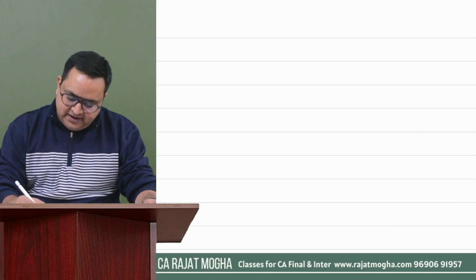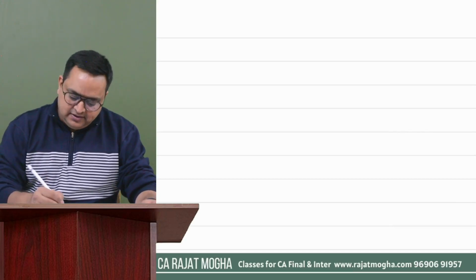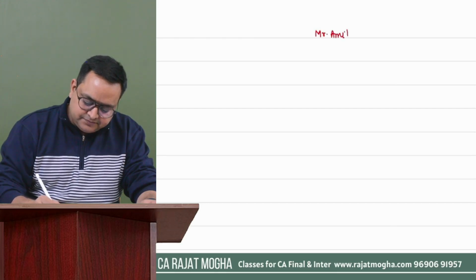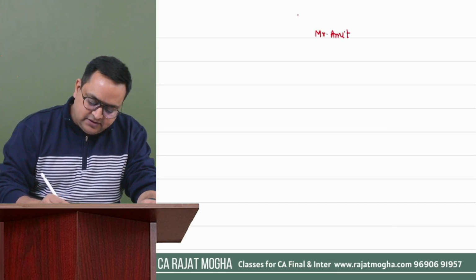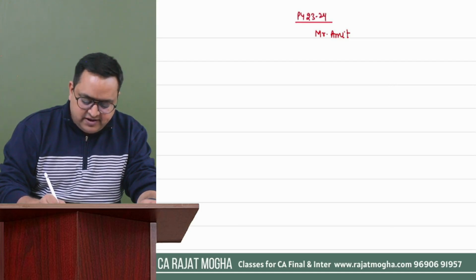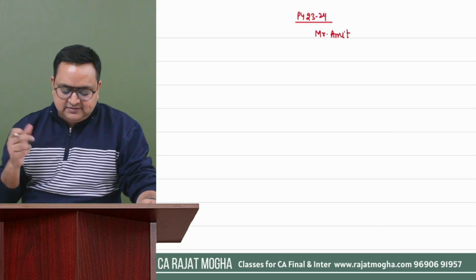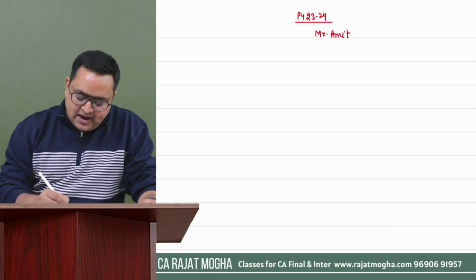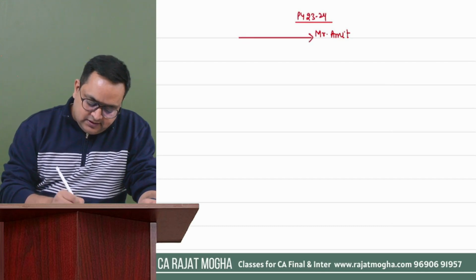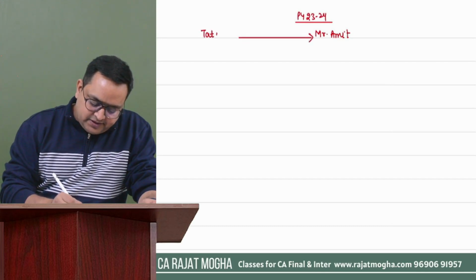just think very practically and it is very easy to understand. Let's say there is a person, Mr. Amit. This is previous year 23-24. This year has just started and Amit is an employee working with, let's say, Tata Motors Limited.